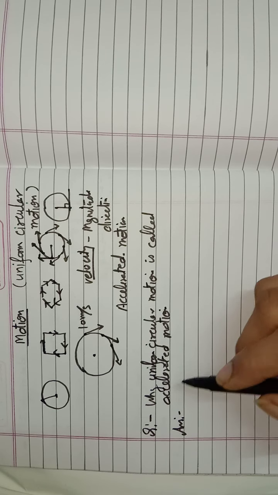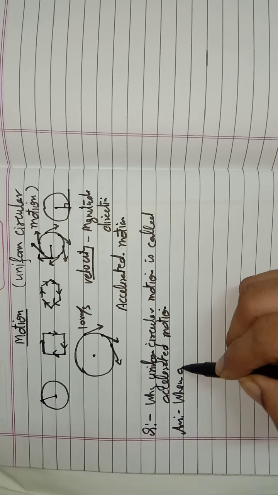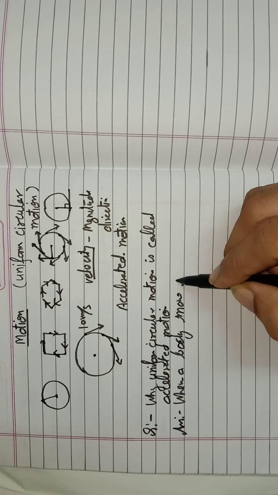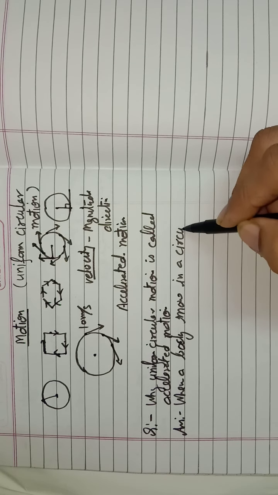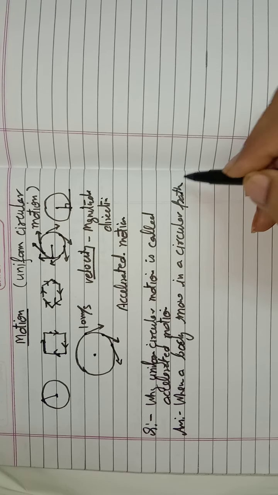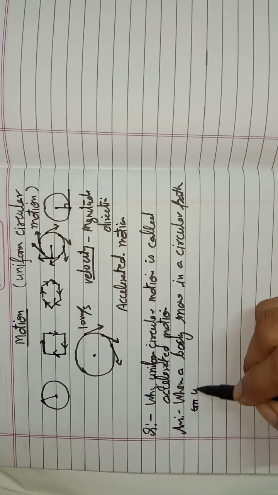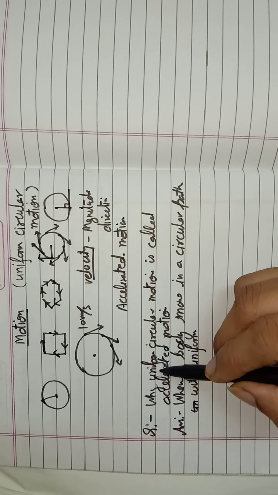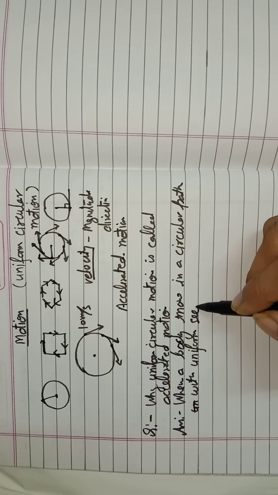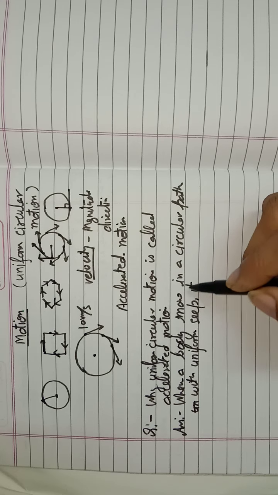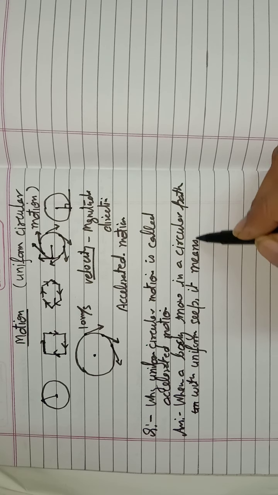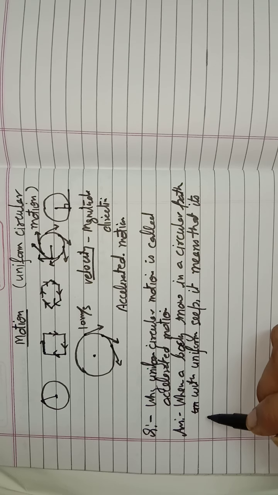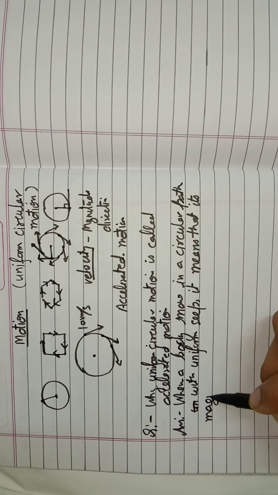When a body moves in a circular path with uniform speed, since its speed does not change because it is uniform circular motion, it means that the magnitude of its velocity does not change.